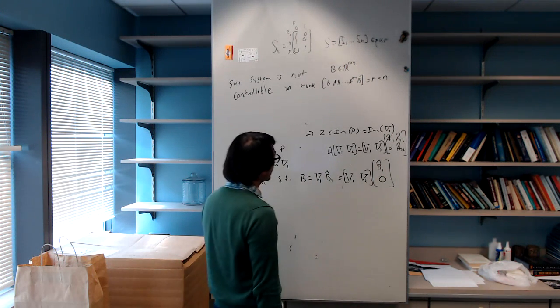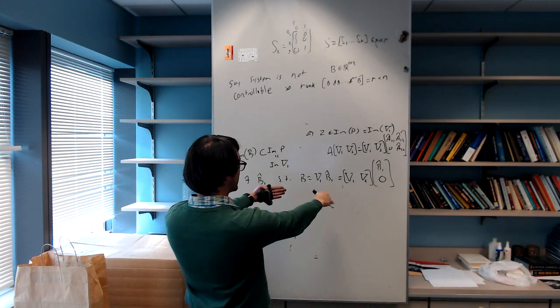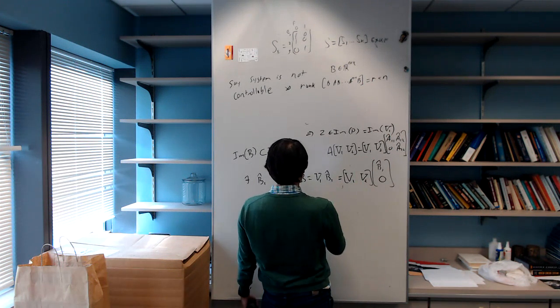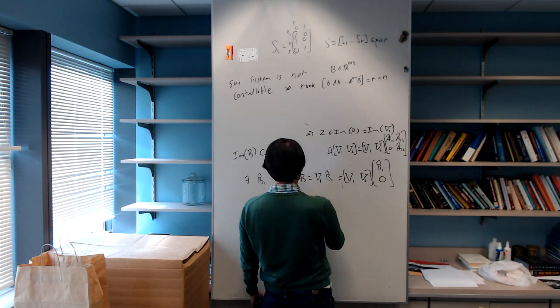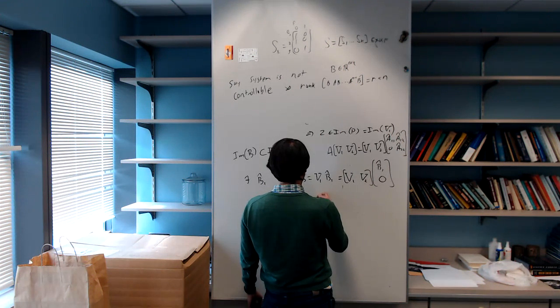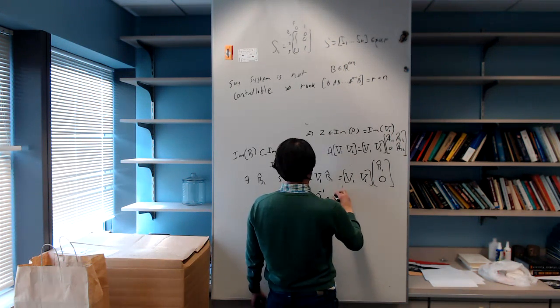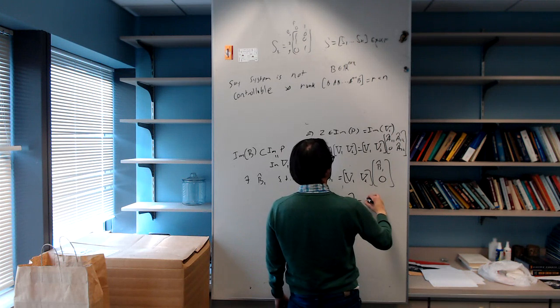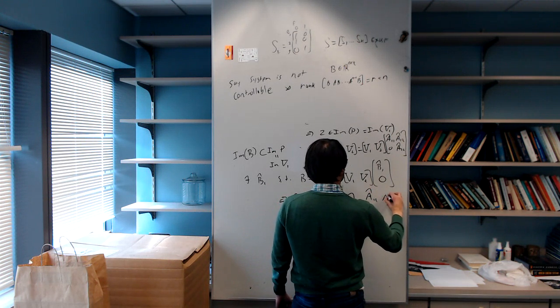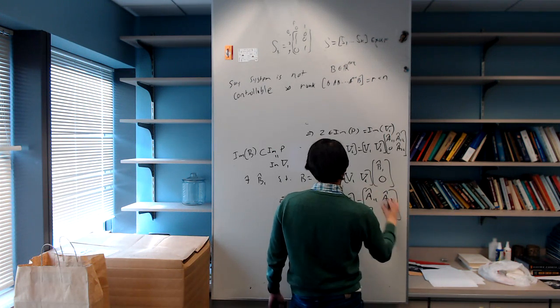And so what we've shown here, if you just go and hit this on the other side, this is going to tell us that V1, V2 inverse A, V1, V2 is equal to [A hat 1,1, A hat 1,2; 0, A hat 2,2].